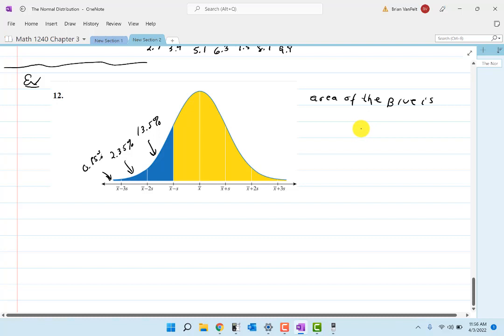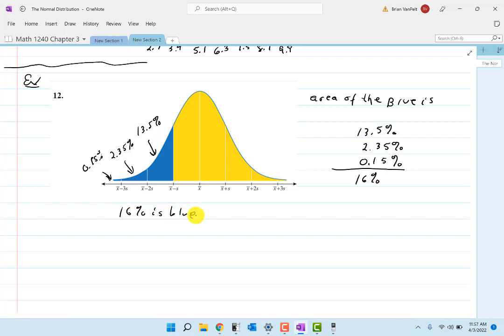You're going to have 13.5% plus 2.35% plus 0.15%. What does that give us? Well, luckily these all add up to a whole number, and I get 16%. So the entire shaded area is 16% is blue.